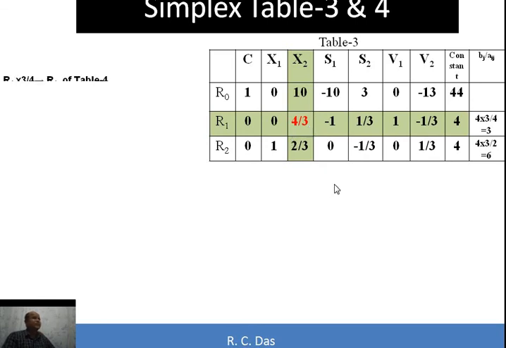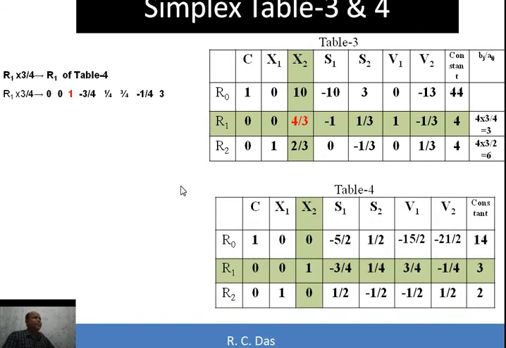So that is the relation: R1 multiplied by 3 by 4 will give the R1 of table number 4. After multiplication we will get 0, 0, 1, minus 3, 1, 1 by 4, 3 by 4, minus 4, 3. So let us put it in table number 4. So this line is the R1 row of table number 4.